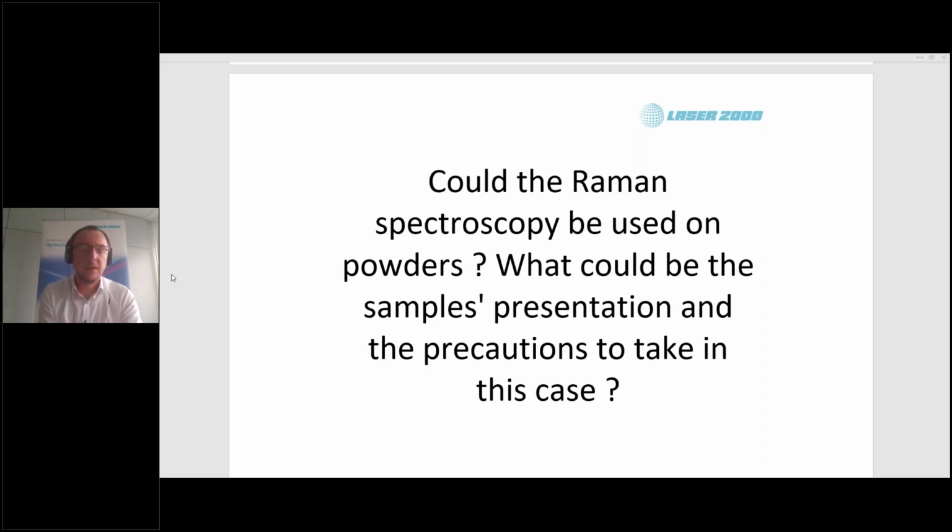So you can put it in a bag. You can put it on a microscopy slide. The precautions to take into account every time you work, may it be Raman spectroscopy or anywhere else you use an intensive light source or especially a laser, is that you have proper protection and laser safety precautions.